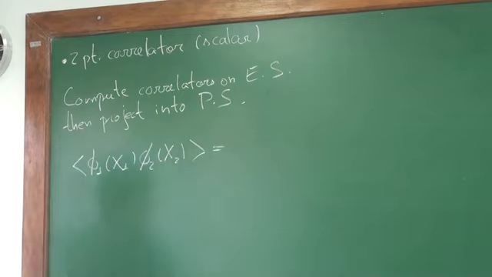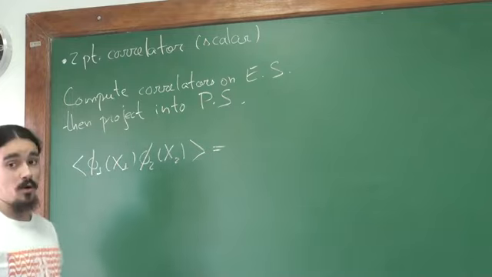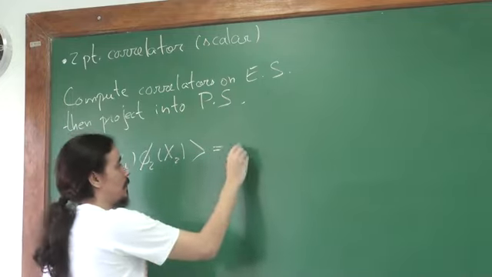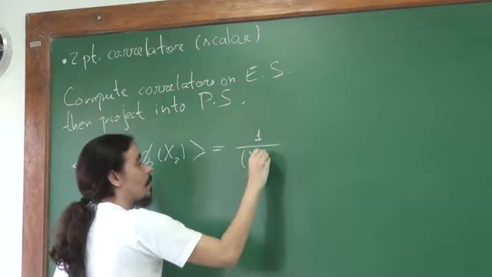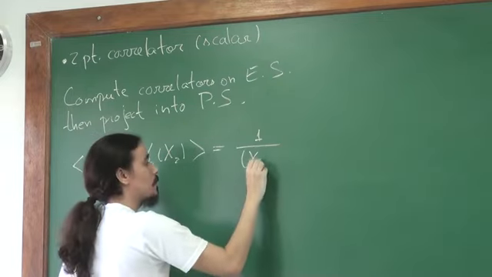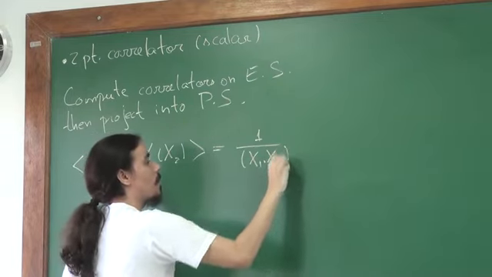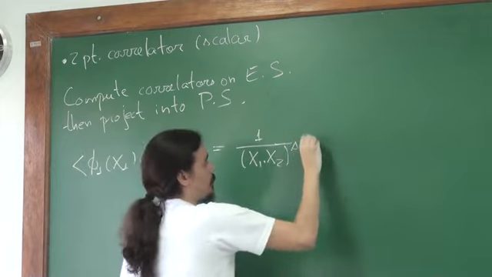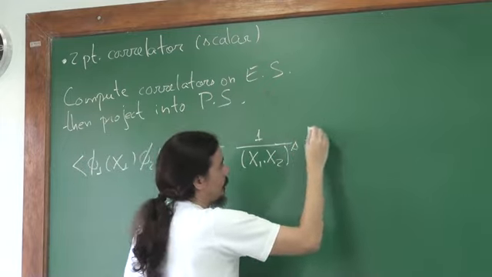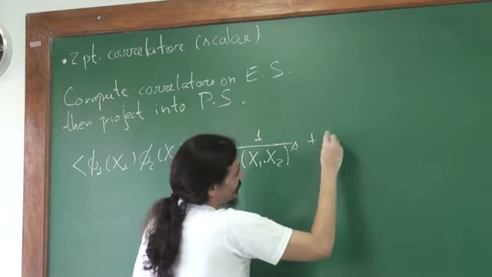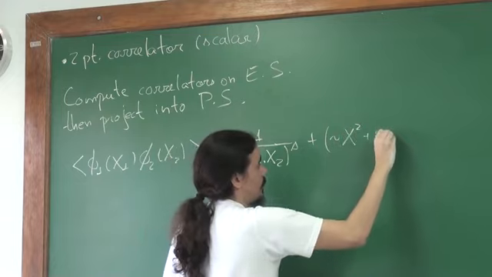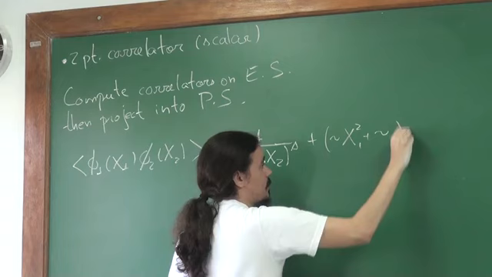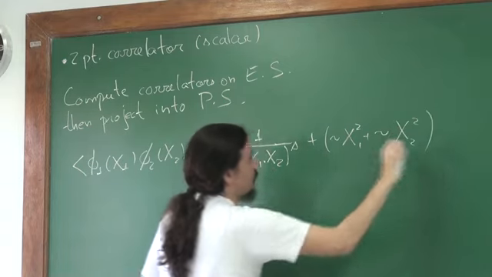Then the most general expression you can have for what is invariant is something like this, plus something that is proportional to x1 squared, something that is proportional to x2 squared, for example.